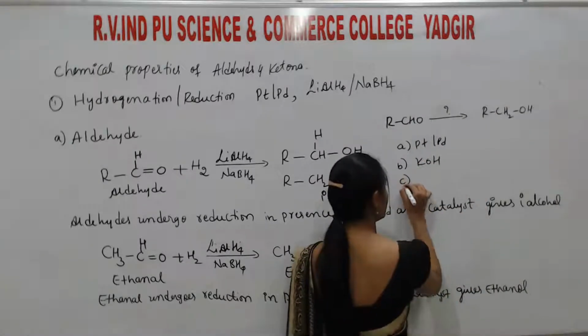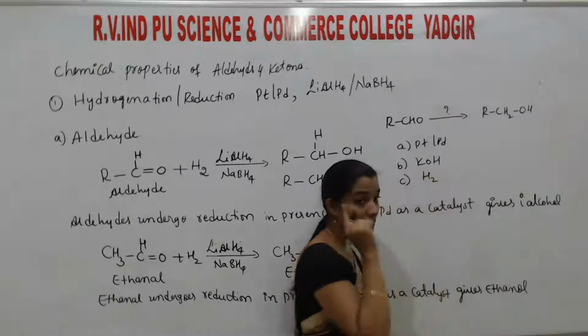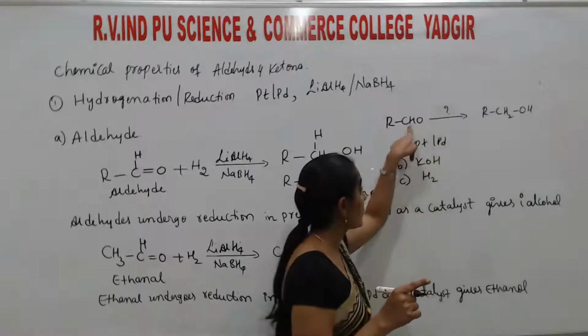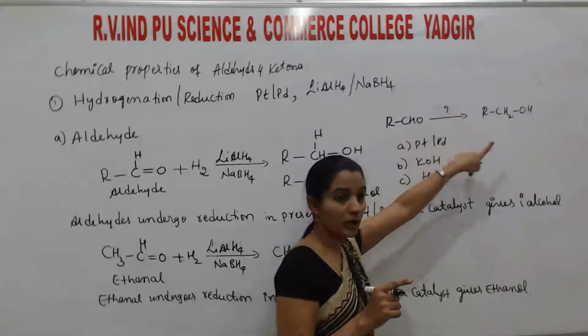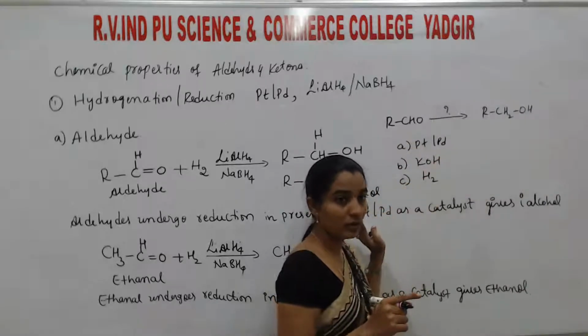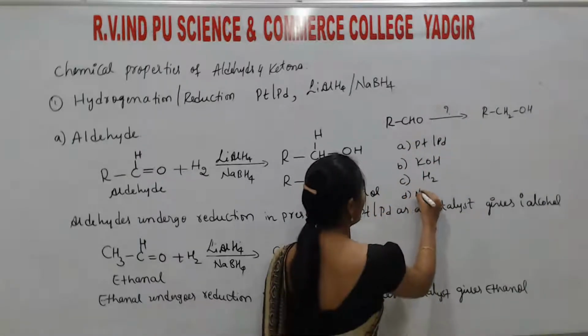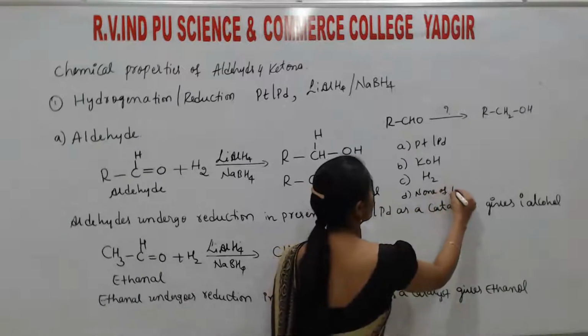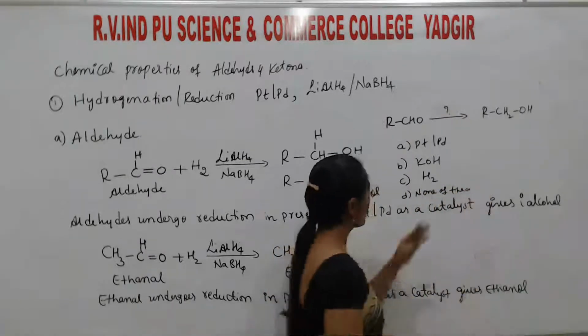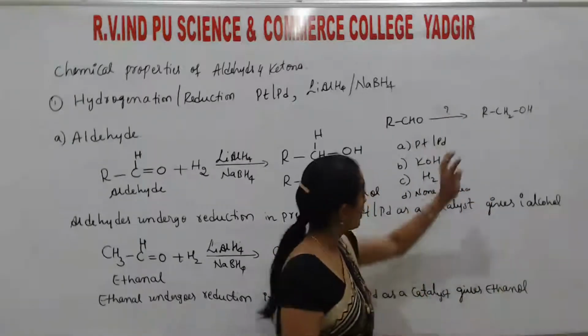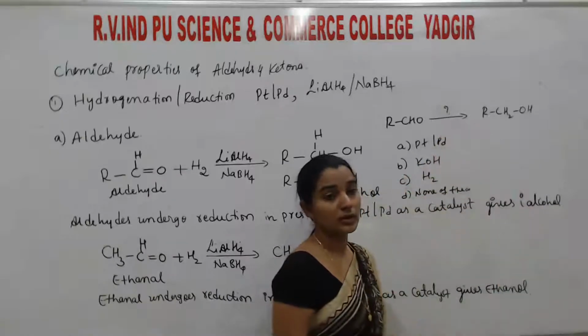In the third one, they may give H2 because they will think if H2 is there, then only this CH2 is there, OH is there. Hydrogen they may give. In the last option, they may give none of the above or all of these. Which one is the correct option? Platinum and palladium. Even this type of questions they are going to ask in the NEET.